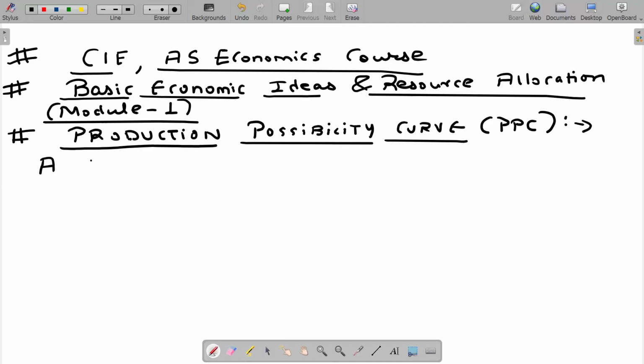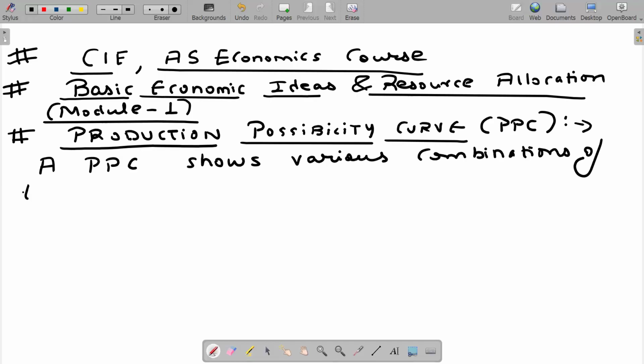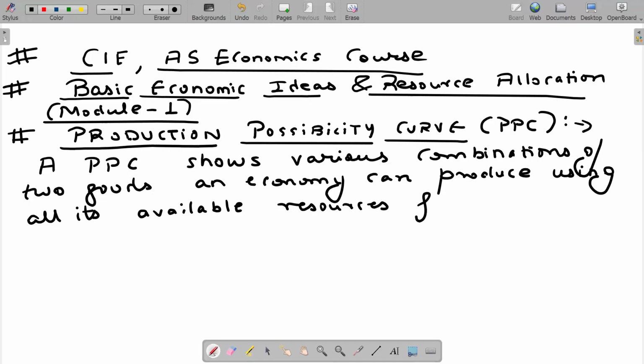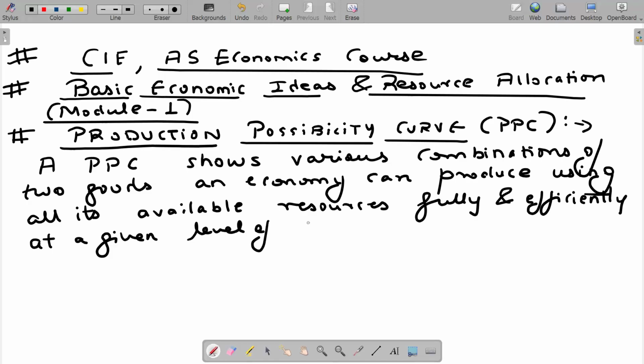So I can write: a production possibility curve shows various combinations of two goods an economy can produce using all its available resources fully and efficiently at a given level of technology, at a given point of time.